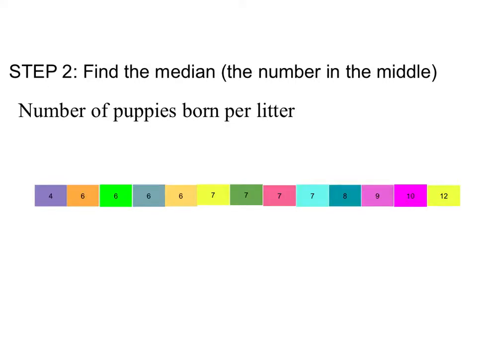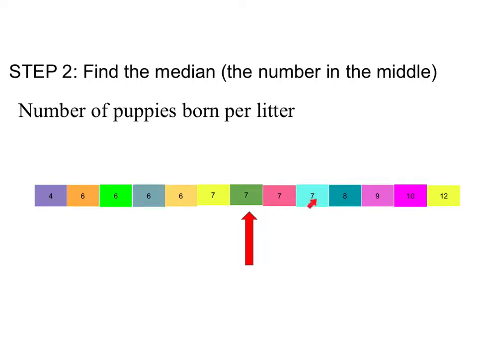Step 2. Find the median. In other words, the number that is in the middle of your data set. In this case, when the numbers are in order, the number that is in the middle is 7. You'll notice that for this number 7, we have 6 data points below it and 6 data points above it.